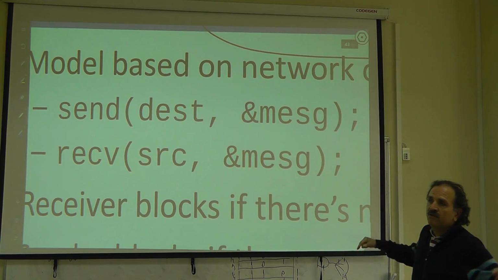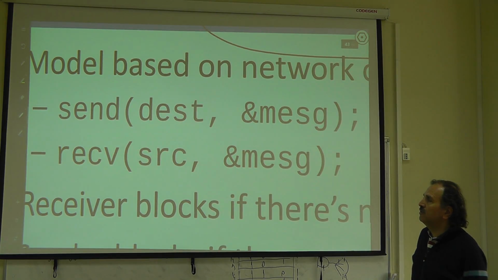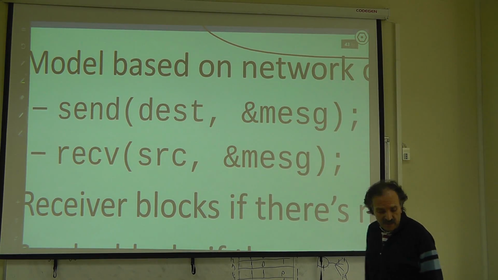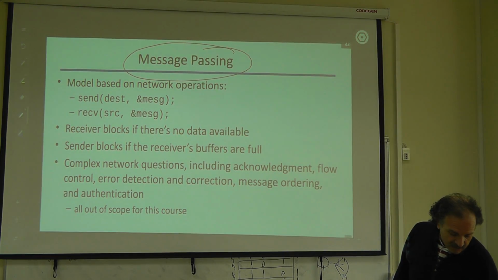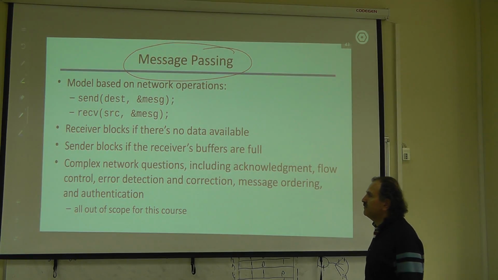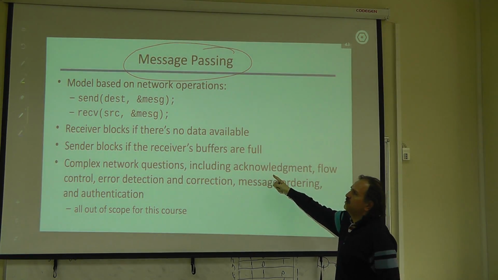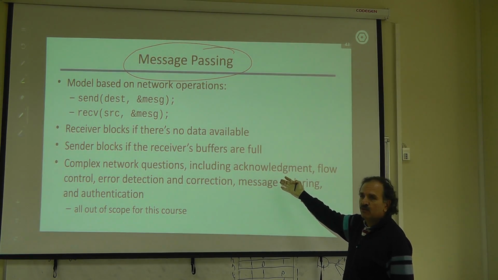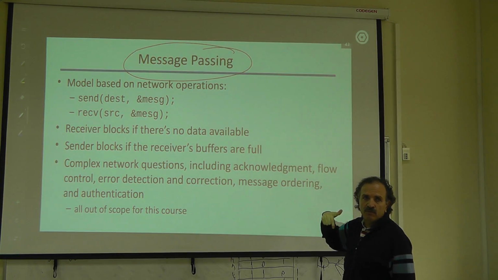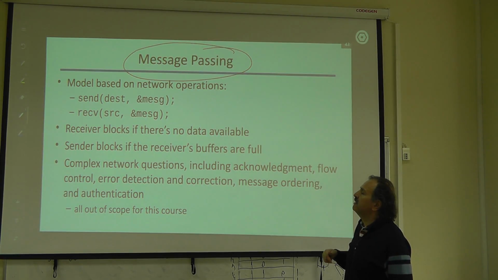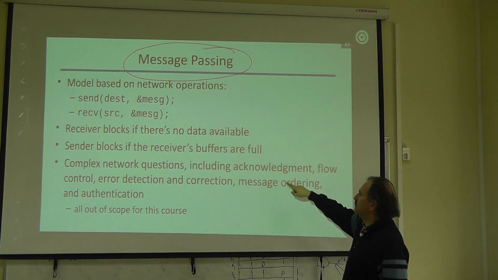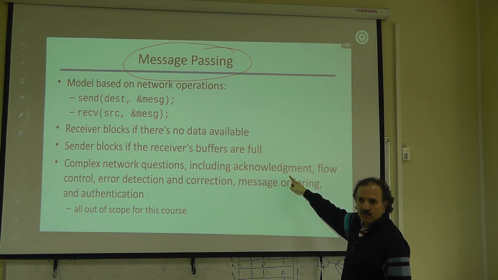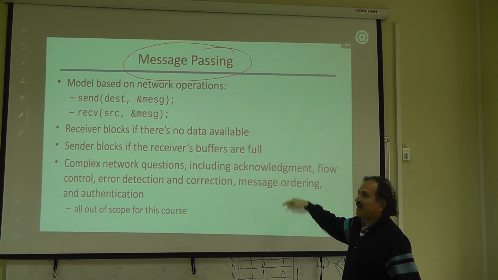But if you are on different machines, then you need to get help from the operating system and use send and receive. There are many complex issues with networks, like the acknowledgement. If you send something over the network, how do you know that your message is received by the receiver? Sometimes the receiver sends you an acknowledgement signal, but the acknowledgement signal might get lost.